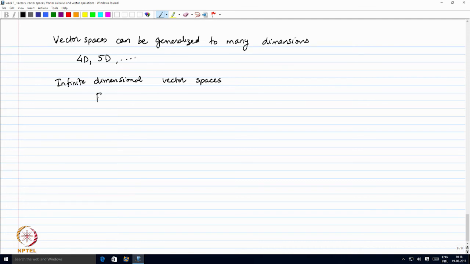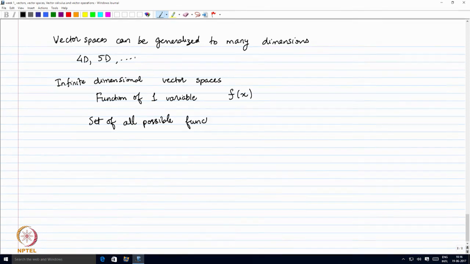So if you take functions of one variable. Okay. So, for example, I say f of x. Now, f of x is a function of one variable. Now, you consider the set of all possible functions of one variable.